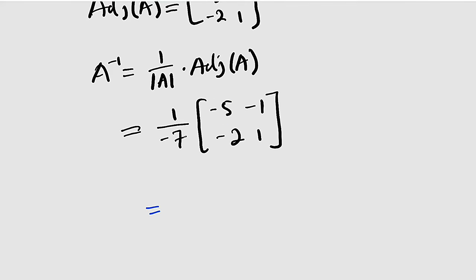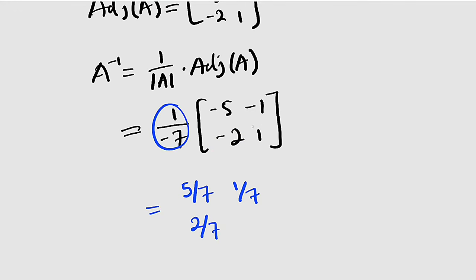So this will give us negative 5 times the whole of this. Both numbers contain negatives, therefore the negatives will cancel. We have 5 divided by 7 right here for the first entry. This time this will give us 1 over 7. Then come down here, this time this will give us 2 over 7.